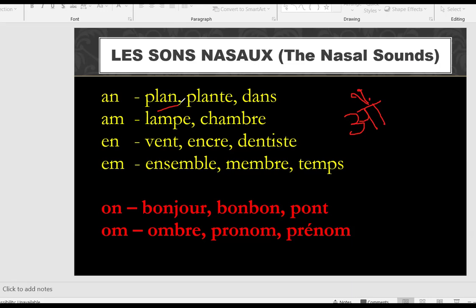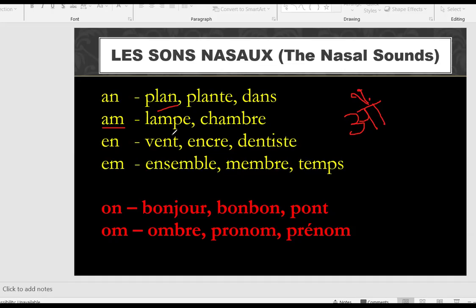Then dan, dance: S is a consonant, so it will be silent, and it is dan. Again, AM is also this sound. So how do you read the word?